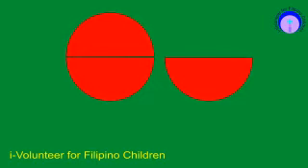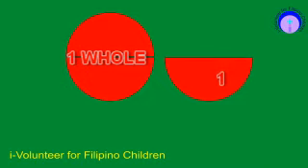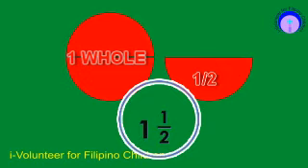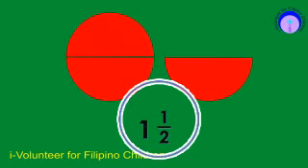This figure tells us that there is 1 whole and half of a whole. As a mixed number, this is 1 1/2. The question is, how will we convert 1 1/2 into an improper fraction? How?